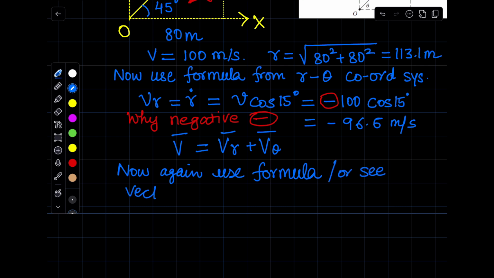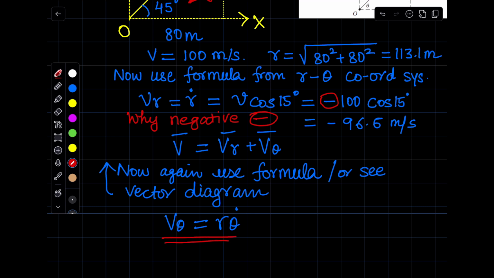Now we will move to the next formula for V theta, and we will utilize the vector diagram to also calculate the value for theta dot. So you know that V theta is r theta dot. This is from the standard formula of the r and theta coordinate system.